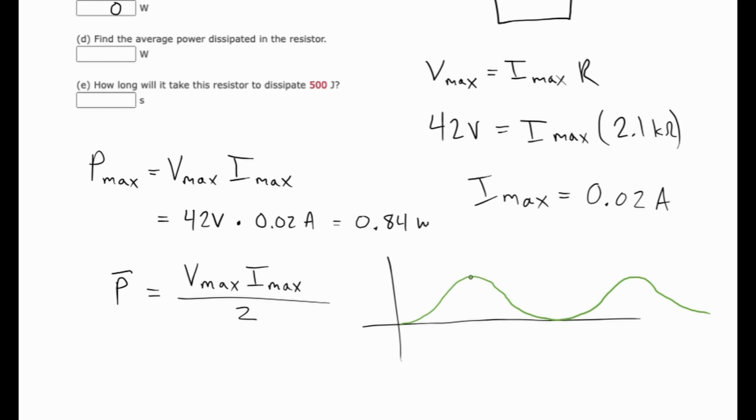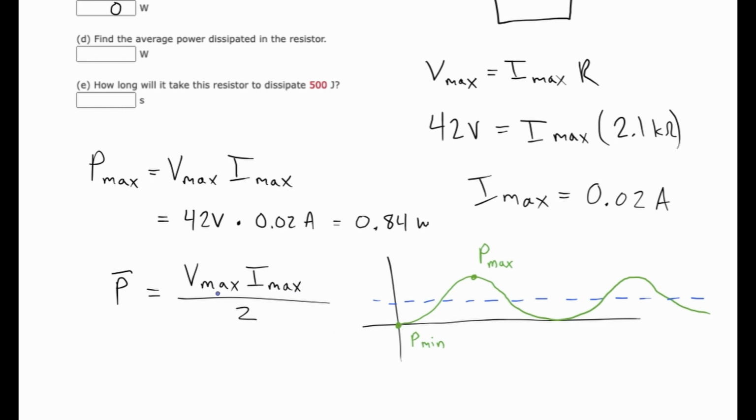And so you got the peak at the top. That's going to be P max. And then here at 0, you got the minimum. Somewhere in the middle is the average. And because it's symmetrical, this shape, the average ends up being right down the center, halfway between 0 and the max.